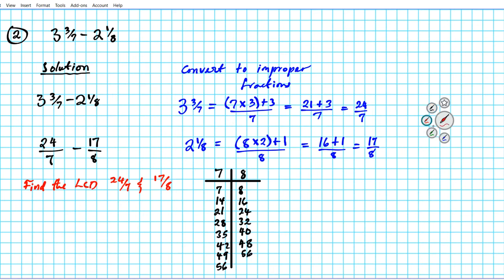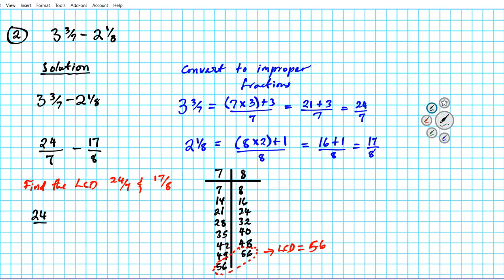You see a common multiple with these two numbers? Yep, it's 56. Okay, so the LCM of these two numbers is the LCD of the fractions that have 7 and 8 as your denominator. So the LCD is 56.